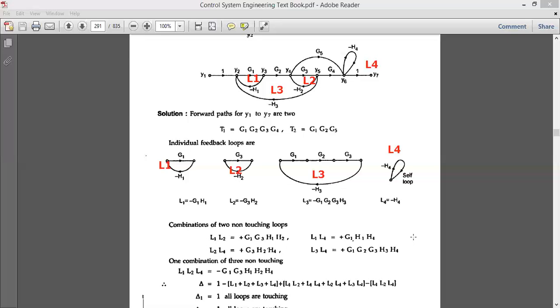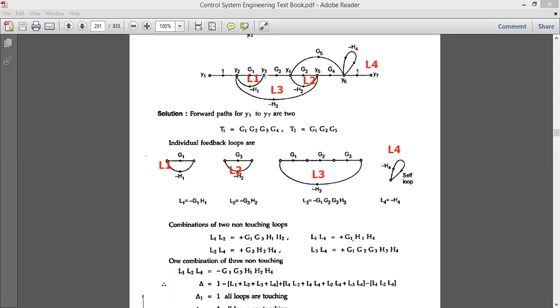So one combination of the three non-touching loops is L1, L2 and L4. Why? Because L1 is not touching L2 and L2 is not touching L4, and even L4 is not touching L1. They all are different.